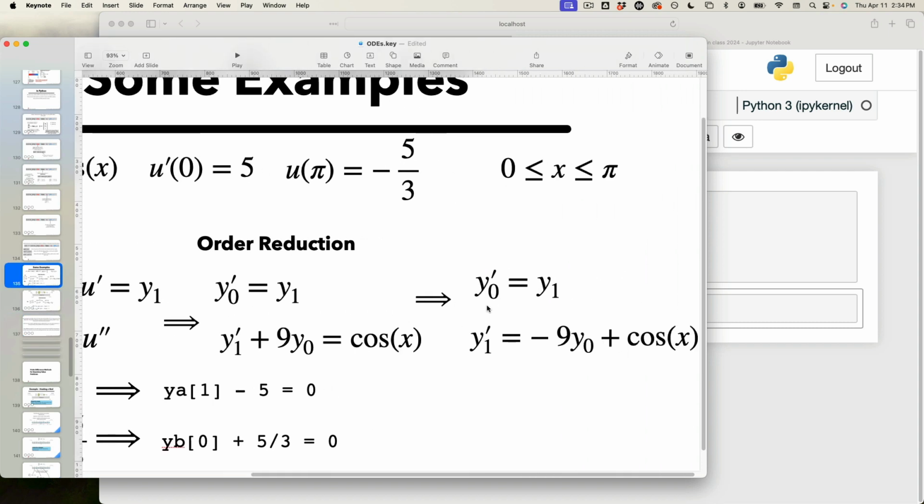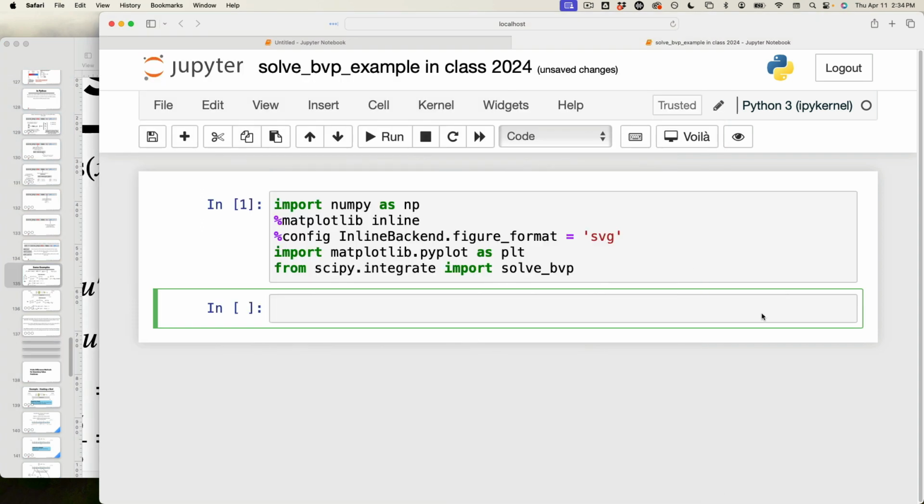Luckily, I wrote everything in that order, y0 and y1 prime. So define right-hand side x, y. Note, y is an array of dependent variables, y0, y1, etc.